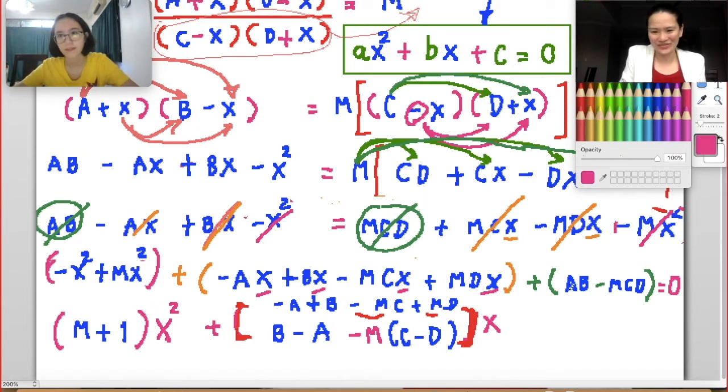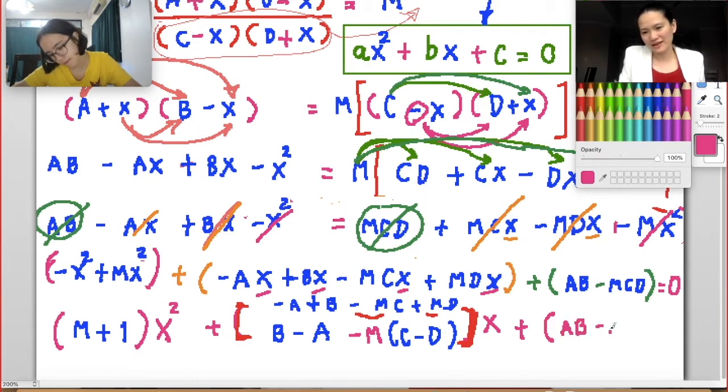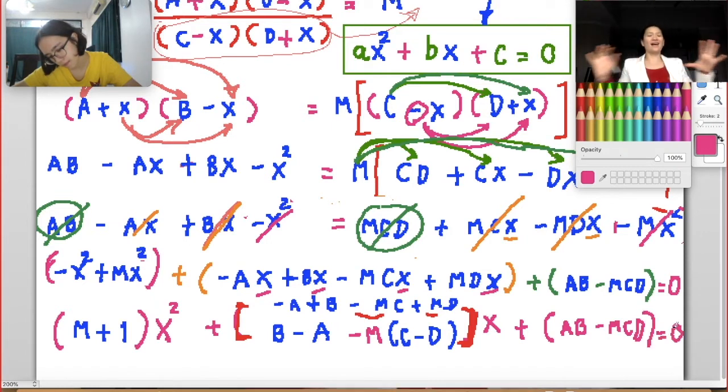Plus here, AB minus MCD, the last one here. AB minus MCD, and it equals 0.